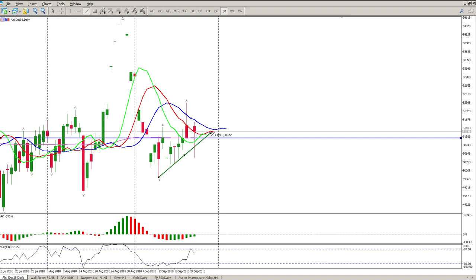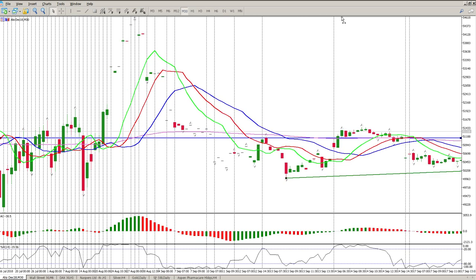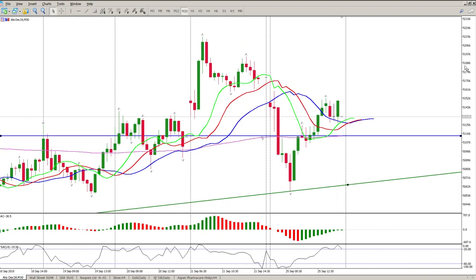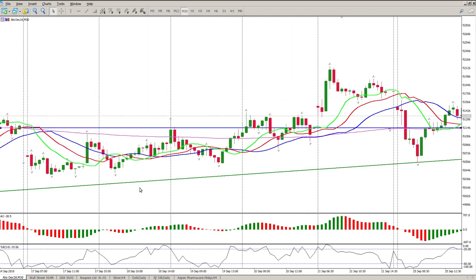Then the second thing is, we had this channel, that's the underside of the channel. And if I drill down to the half hour, pretty much that was the underside of the channel.